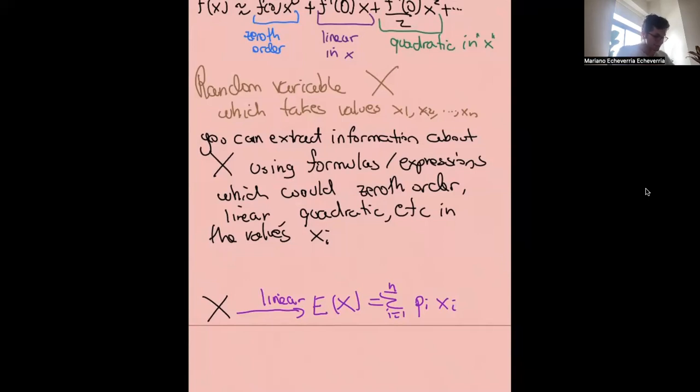The zeroth terms are, in a sense, the probabilities of each outcome, because each pi is pi times x to the 0.